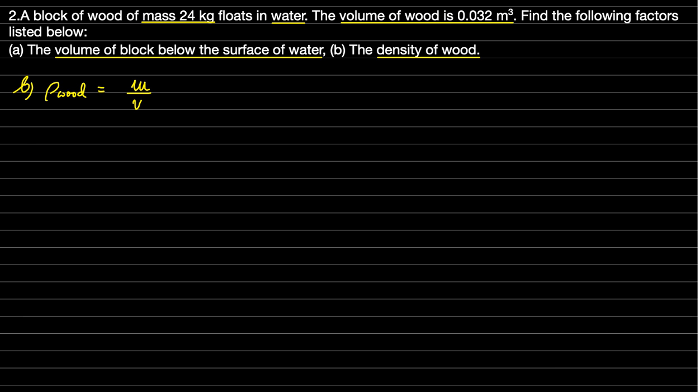So our mass is 24 kg divided by volume 0.032. 24 divided by 0.032 gives us 750. So we get the density of wood as 750 kg per meter cube. Density of water, we are supposed to remember, is 1000 kg per meter cube.